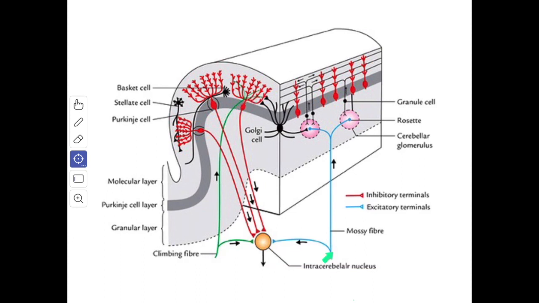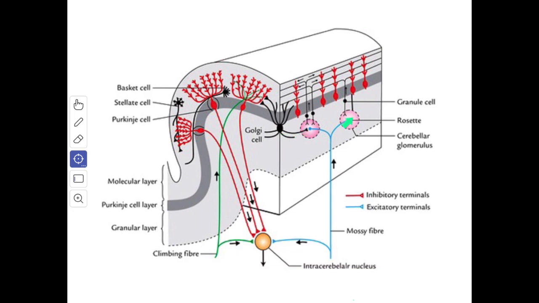The mossy fibers constitute the bulk of the afferent fibers of the cerebellum, and each mossy fiber ends by forming 30 to 40 terminal swellings, which are called rosettes. Each rosette forms a synaptic contact with the dendrites of the granule cells and axons of the Golgi cells.